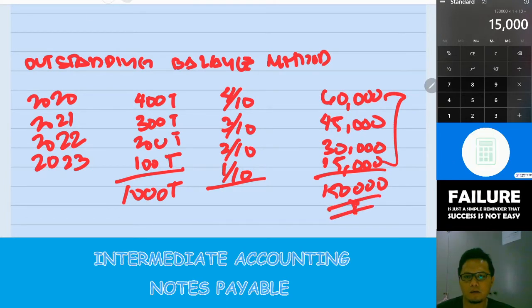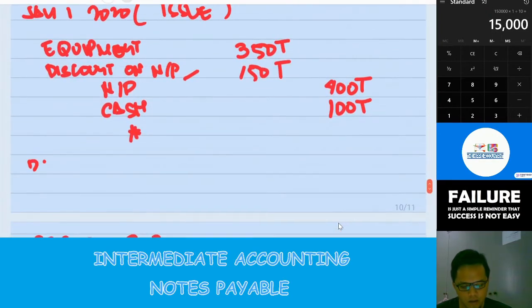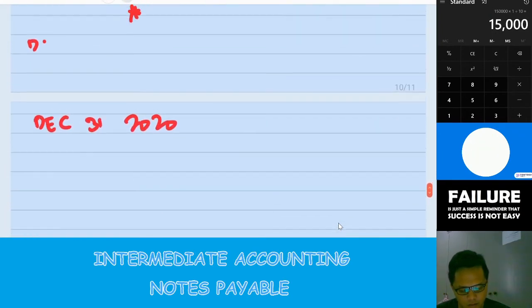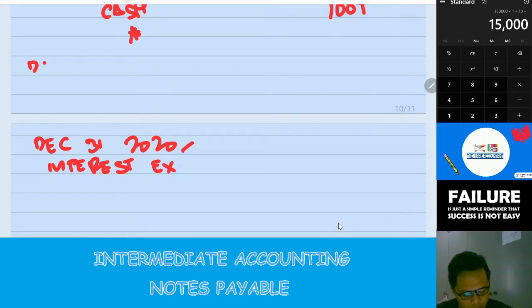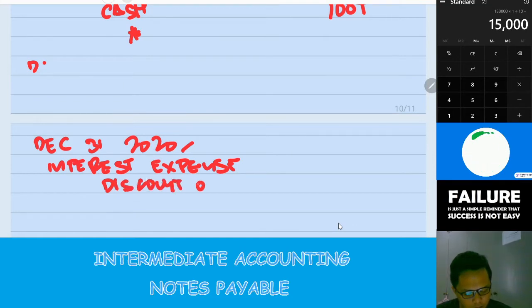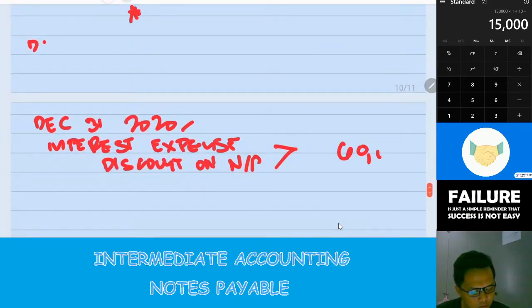So, how do we recognize that per entry? Okay? So, per entry, on December 31, December 2020 tayo ha, we will debit interest expense, credit discount on notes payable, at the amortization for 2020.